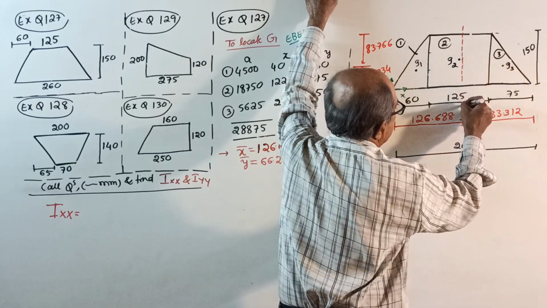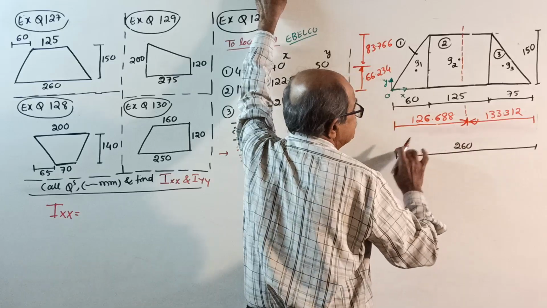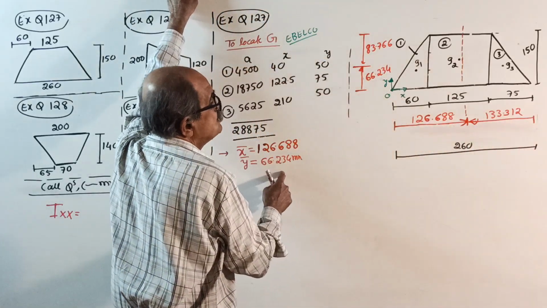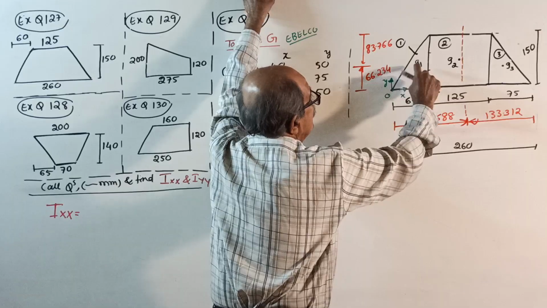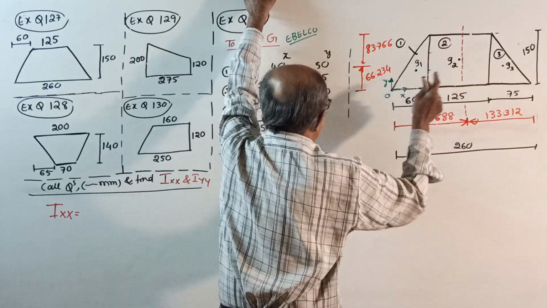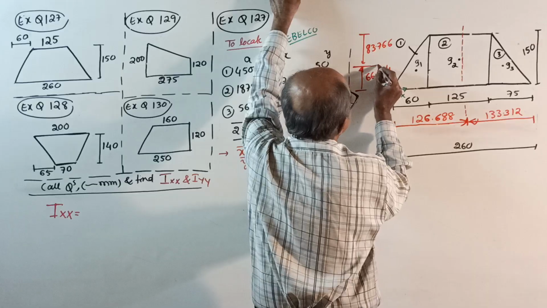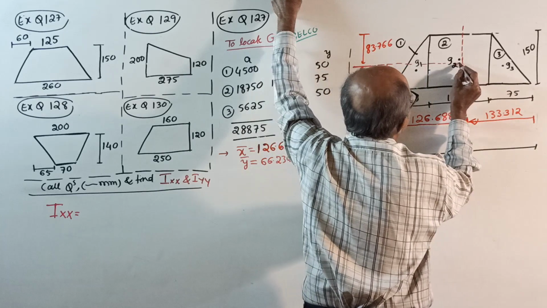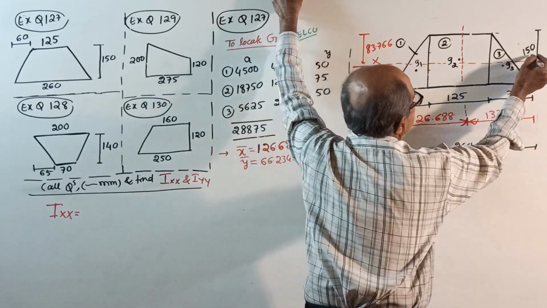Okay, this way: 126.688, from 260 subtract, get the distance. Y bar is 66.234. This is 1/3 of 150, which is 50, so it is a little above, and the center is half of 150, 75. So it is above G1 but below G2. See here, that is also important. This way it comes, this way it will come. Okay, this is your x-axis.